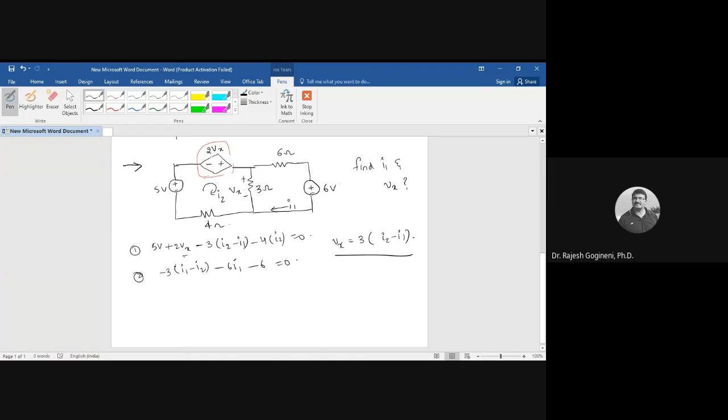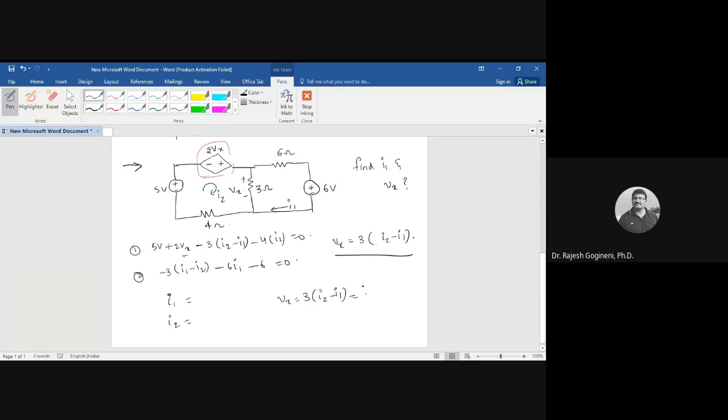To find I1, you need to find I1. Since Vx is required, I2 is also required, so find I2. So Vx is 3 times I2 minus I1.